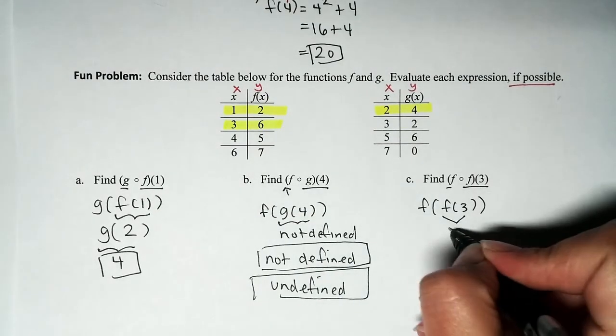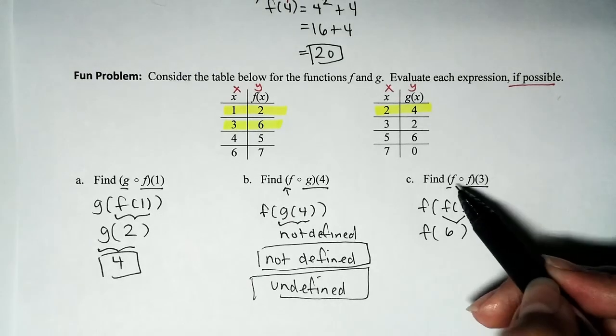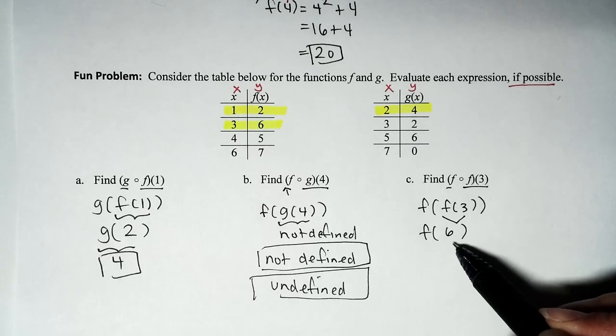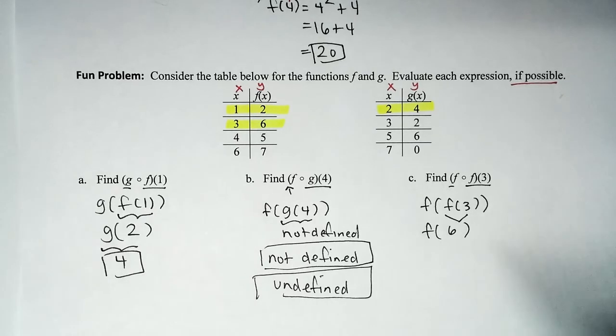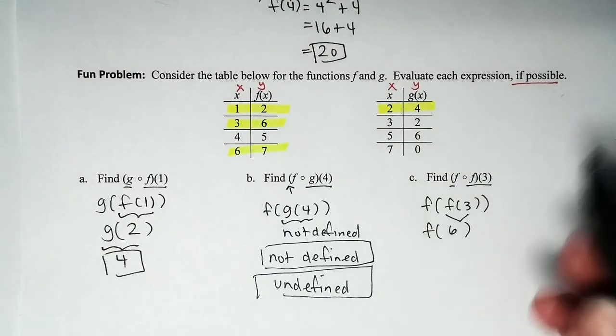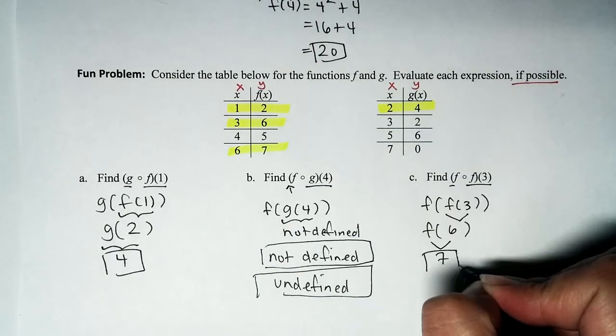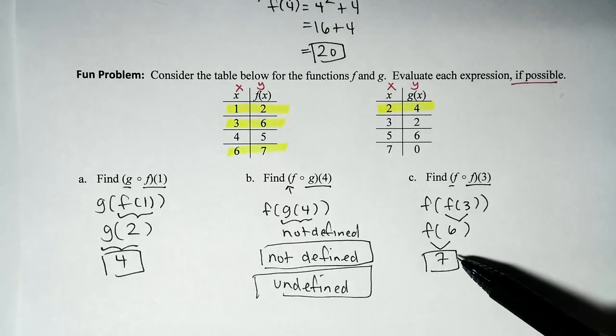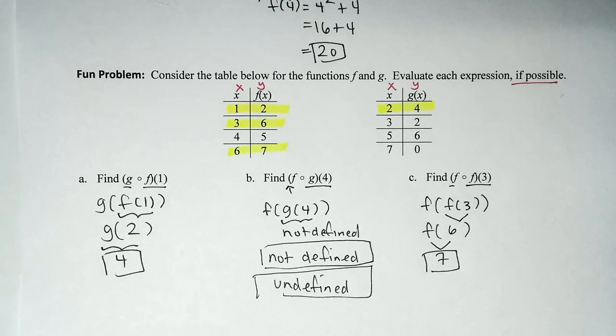So the moral of this story is that f of 3 means we want to find f of 6. When the input is 6, the output is 7. So again, for the grand finale, what we want to tell the reader is that f of f of 3 evaluates to 7. You guys nailed it. Thanks, guys.